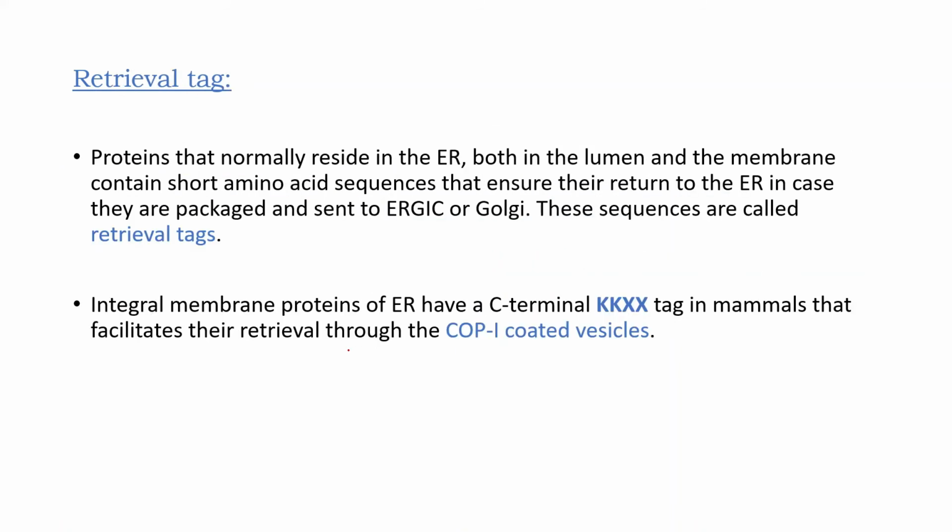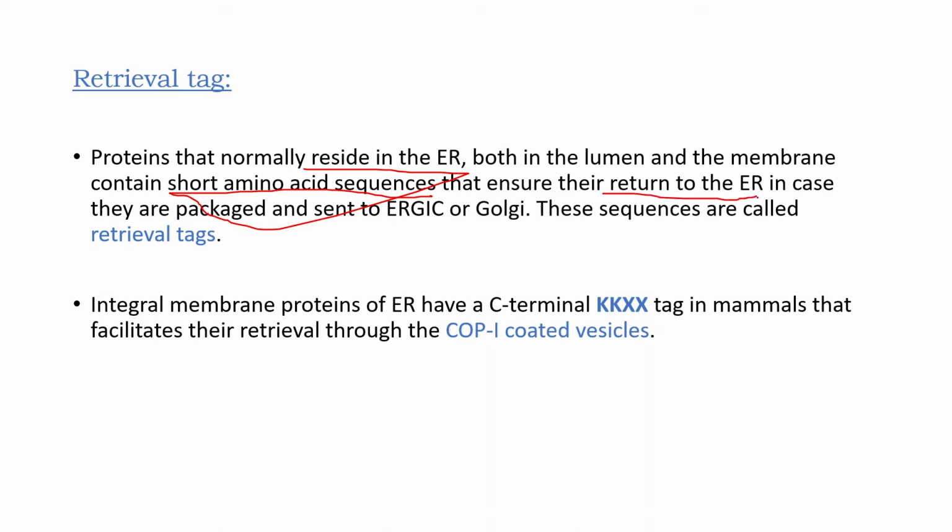Now let's understand the retrieval tag. Proteins destined to remain in the ER, whether they are luminal proteins of the ER or membranous proteins of the ER, contain short amino acid sequences that ensure their return to the ER.